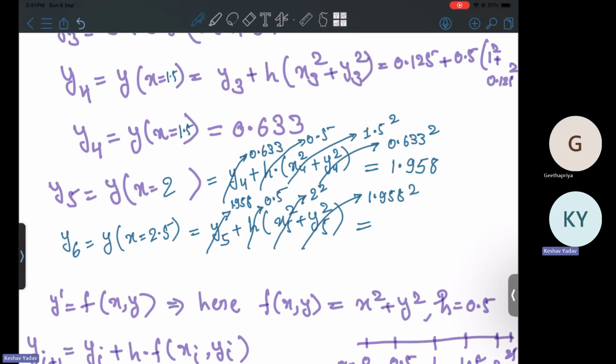So if I calculate 1.958 plus 0.5 multiplied by 2 squared plus 1.958 squared, this will be 5.875. Okay.